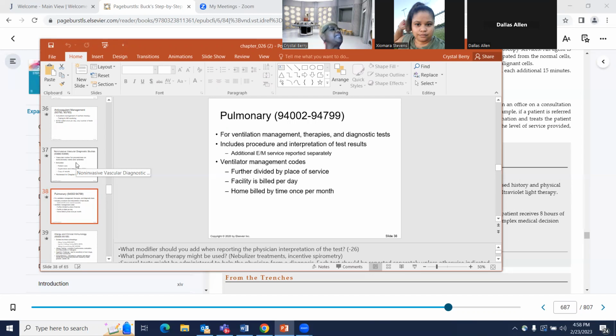Electrocardiogram with 15 leads, including the interpretation and report. What is the CPT code? Electrocardiogram with 15 leads, including the interpretation and report. What is the CPT code?